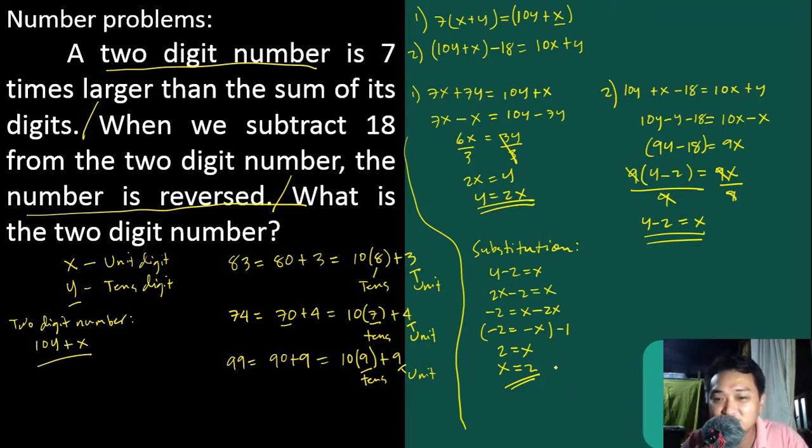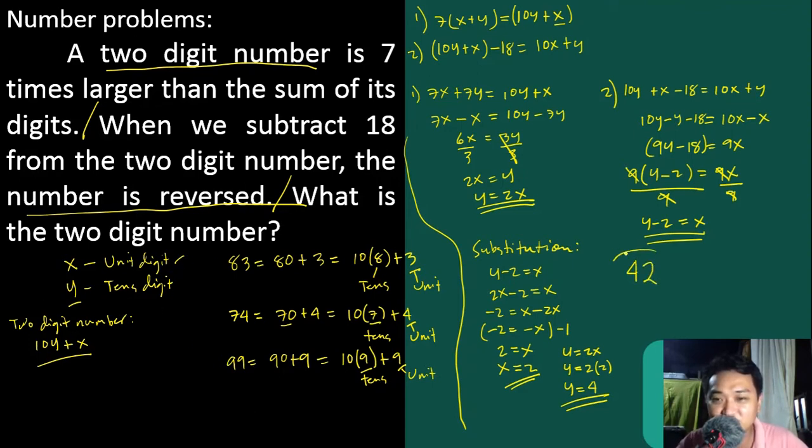So that is y is equivalent to 2x. Since the value of x is 2, y is equivalent to 2 times 2, which is 4. So again, meron na tayong value ni y. Ano ibig sabihin nun? Sa makatuwid, yung ating tens digit is 4 at yung unit digit natin is 2.